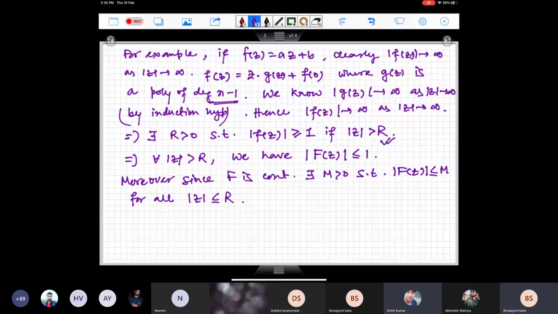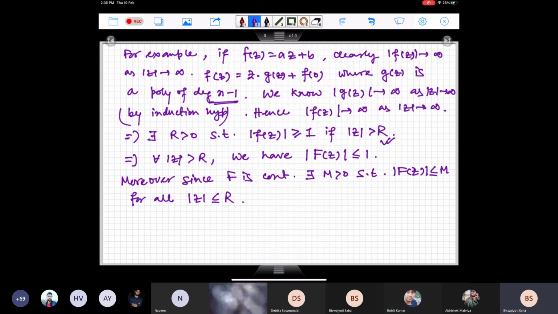Because mod z less than or equal to r is a compact set, closed and bounded, and I have a continuous function, so this must be bounded. So there exists an m positive so that mod of F of z is bounded above by m.